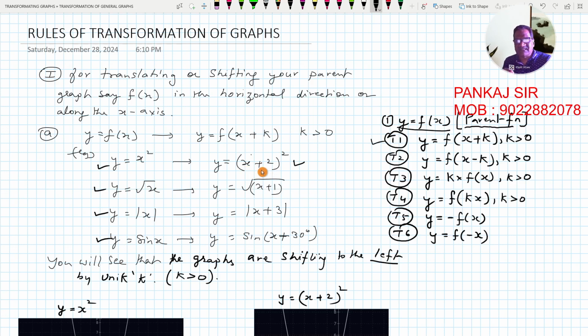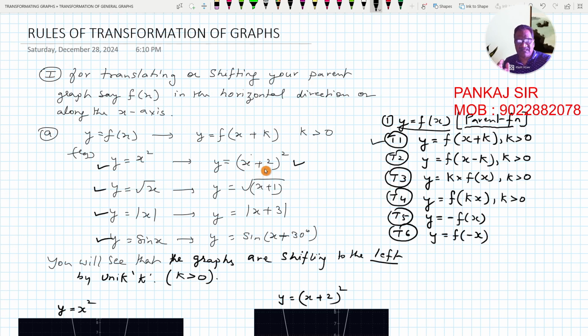When you add this positive constant value k to x, we say that you are performing the transformation in the domain of the function, or you can say you are performing transformation inside the function. Okay, so this is the language.